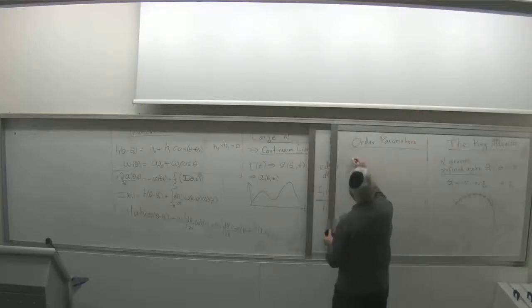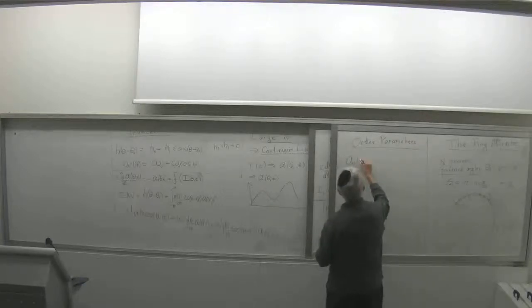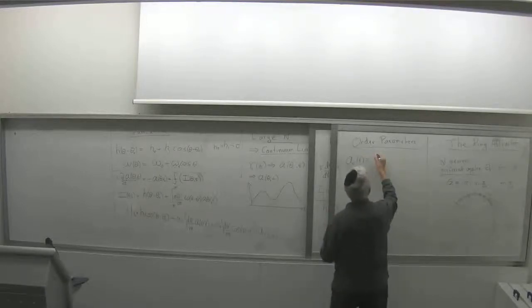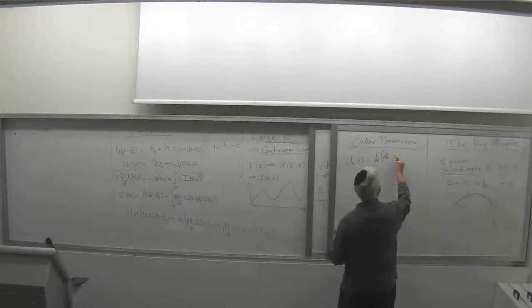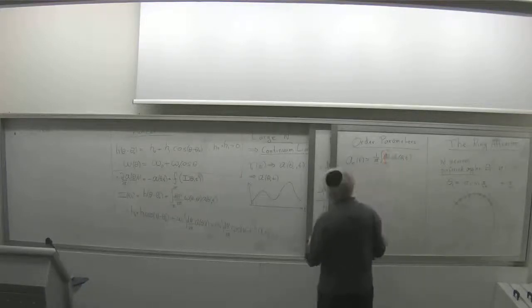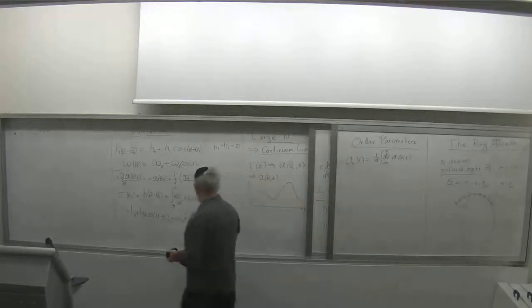The order parameters will be A0 of t, which is simply the spatial mean of the neuronal activity. That's A0, so that's what appears here.